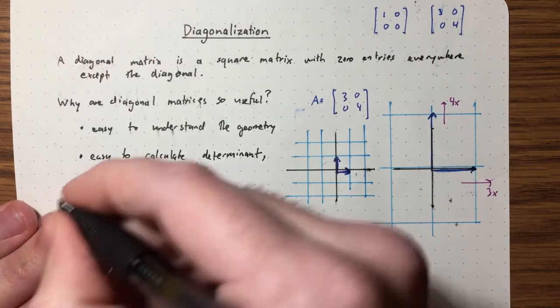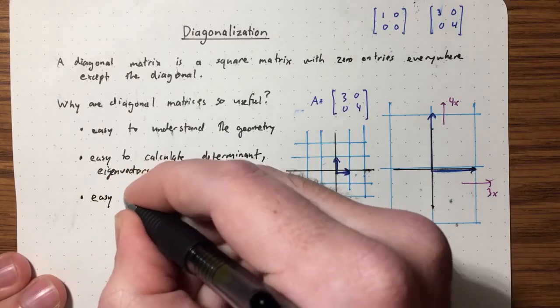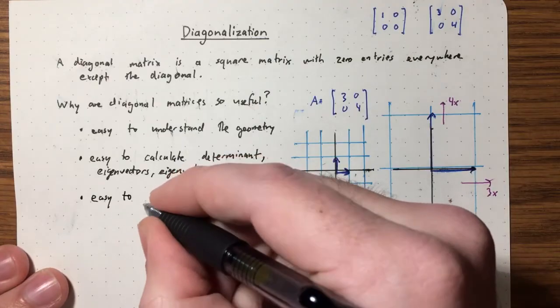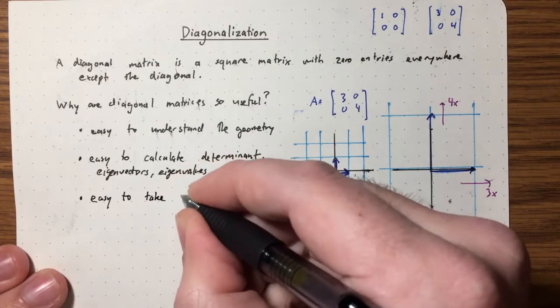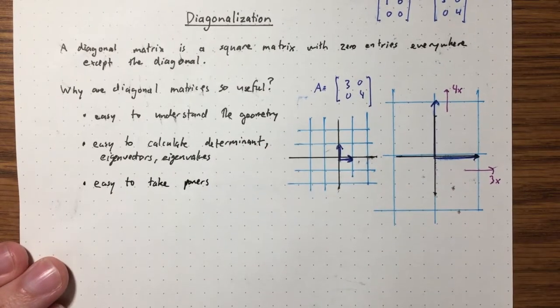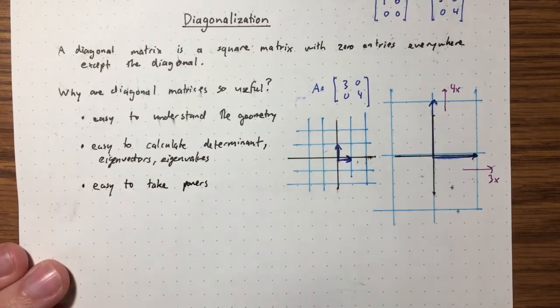Okay, and one other thing that you might not have thought of yet, but it's actually easy to do something that we often want to do with a matrix, which is take powers of the matrix. Why is this a useful thing?